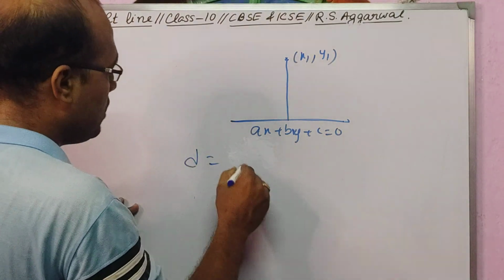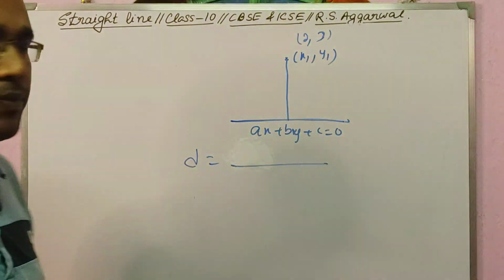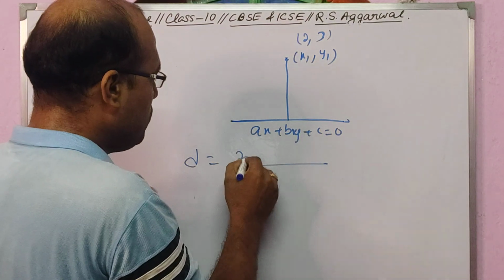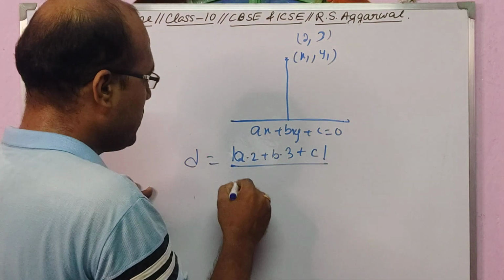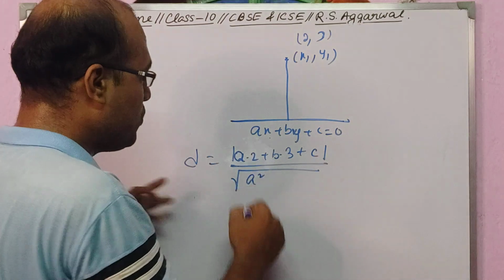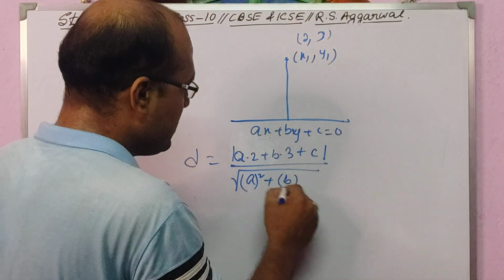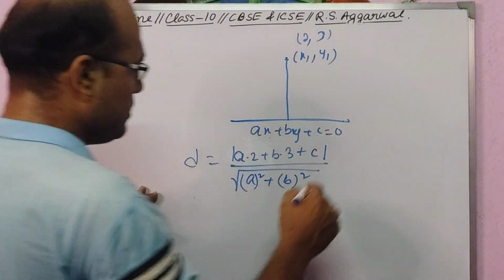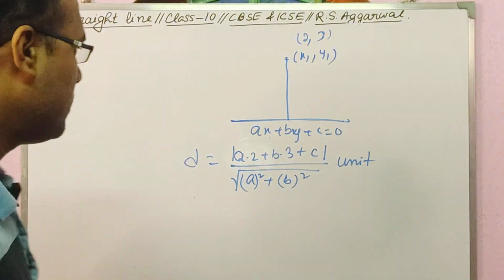So the distance d: you put any point, say x is 2 and y is 3, so it is a into 2 plus b into 3 plus c under mod, divided by the root of a square plus b square, where a is the coefficient of x and b is the coefficient of y. If a is minus a, you take minus a, and if it is minus b, you take minus b; squared, the minus automatically becomes plus. The unit will be meter or centimeter, because that is distance.